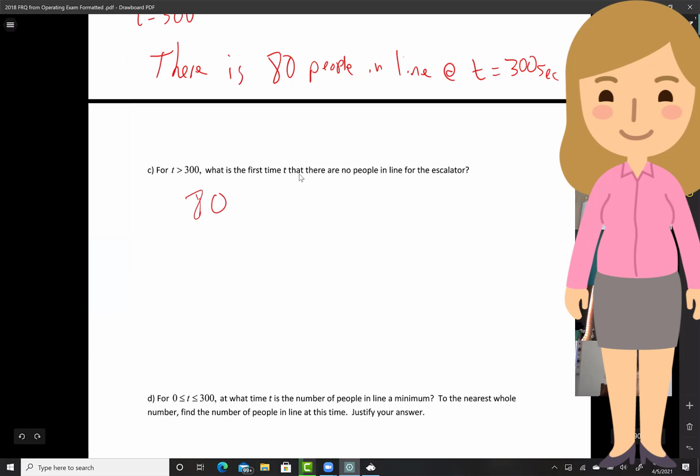I want time. Let me see if you guys understand this. 80 people divided by 0.7 people per second.